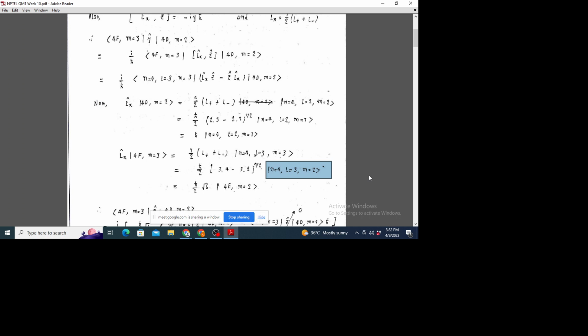So from m equal to 3 you reach m equal to 2. Okay. So the result of L minus acting on 4f m equal to 3 is this, h cut by 2 root 6, and the state is 4f m equal to 2.